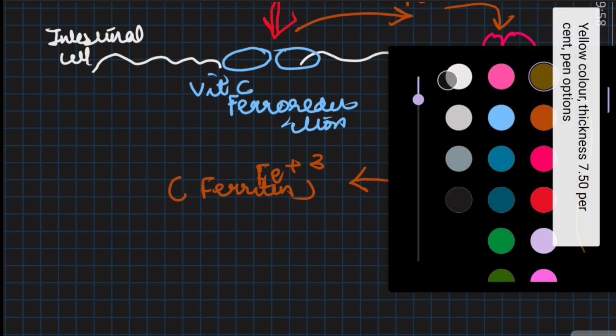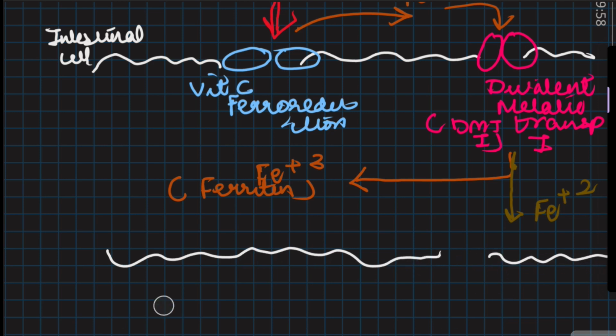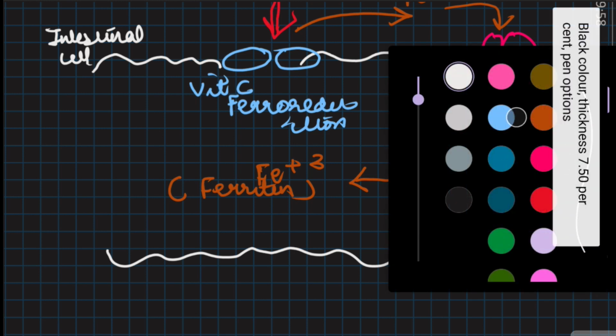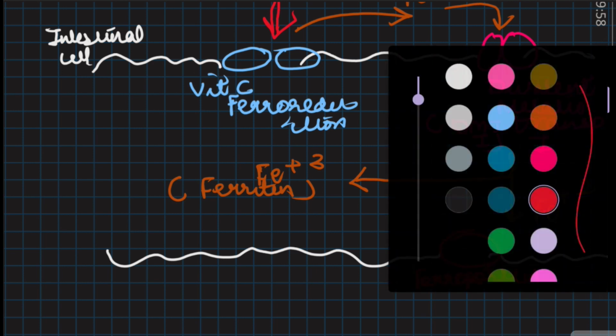So let's say this is the inner layer of intestinal cell and there is ferroportin present here. This is ferroportin. What it will do?